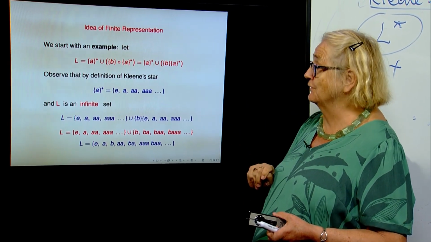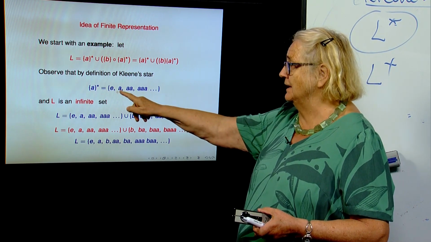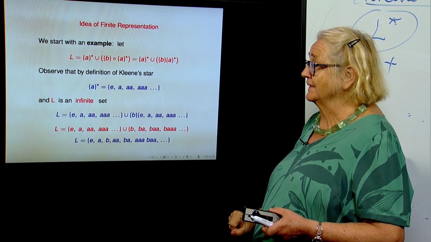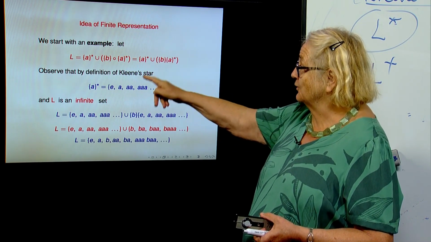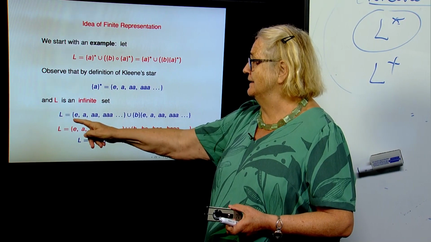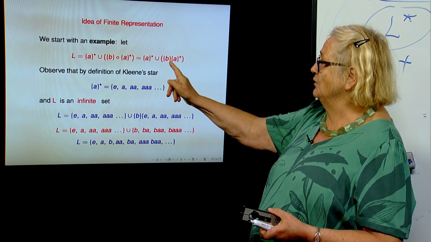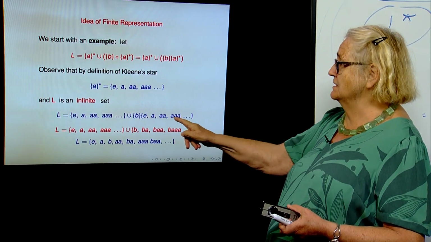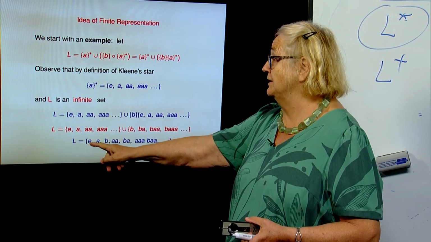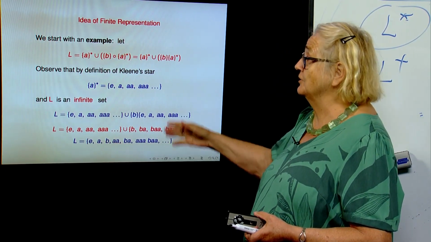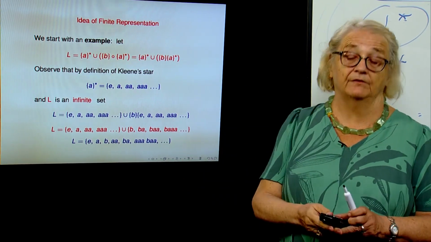But by the definition of Kleene star, a star is an infinite set: epsilon, a, aa, and so on. Here you have this union. b is just a b. Here you have concatenation with a star. So you can write it as epsilon, a, b, ab, aab, and so on, which is infinite. So here is a finite representation of that infinite language.